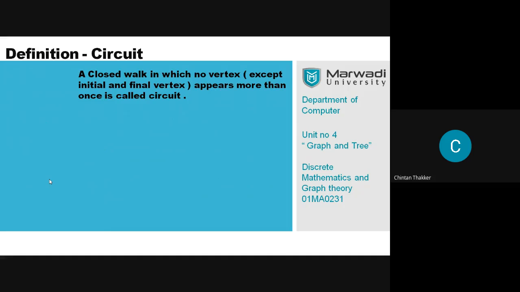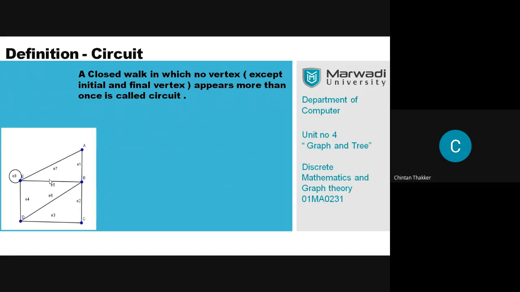So if we eliminate the last vertex and last edge, the remaining portion is a path. Then if we add the last edge and vertex, it becomes a circuit.